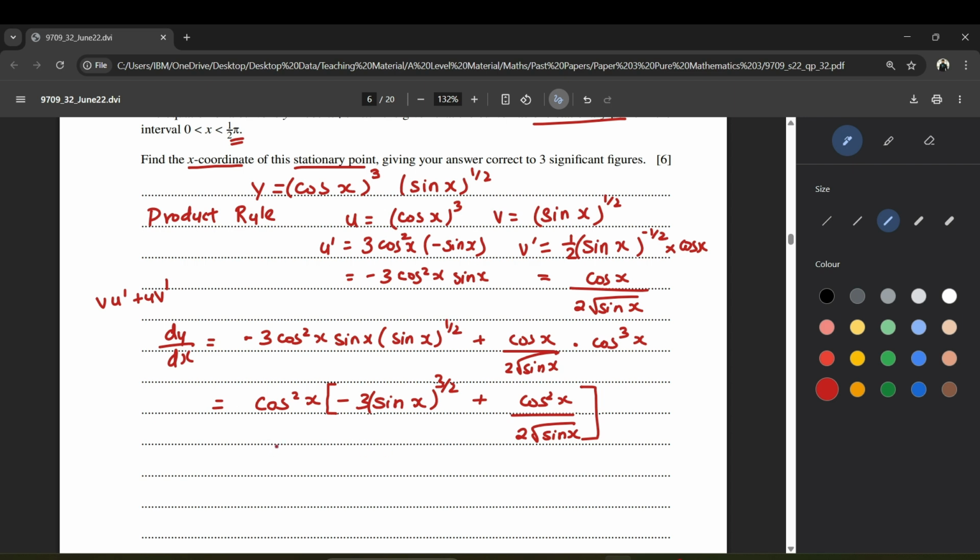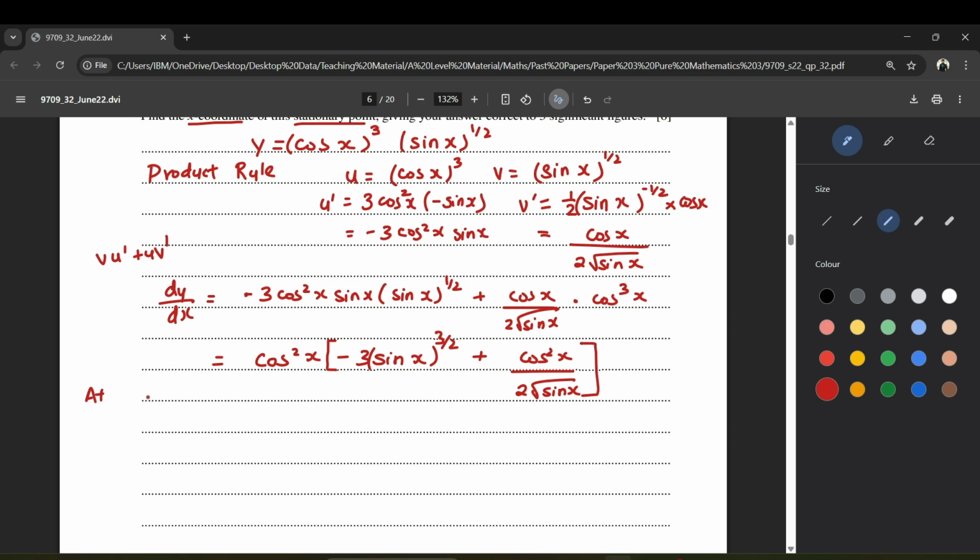Now we can say that as stationary point, dy dx is equal to 0.